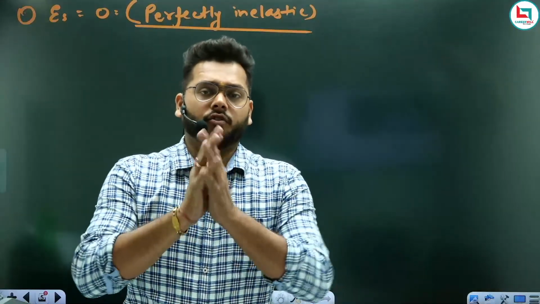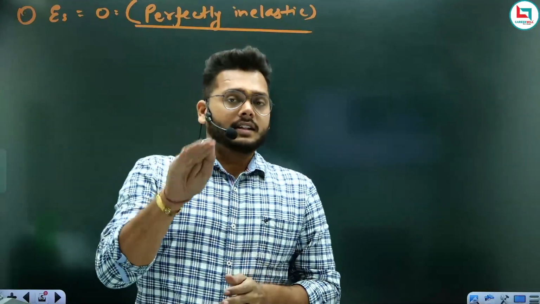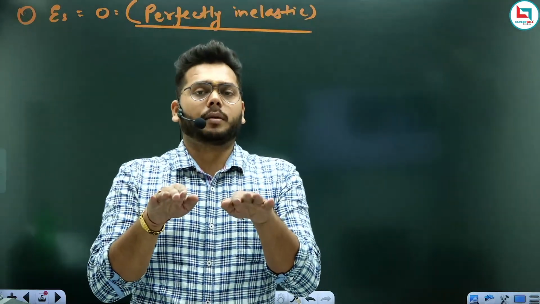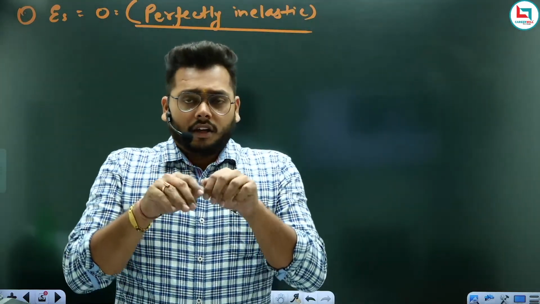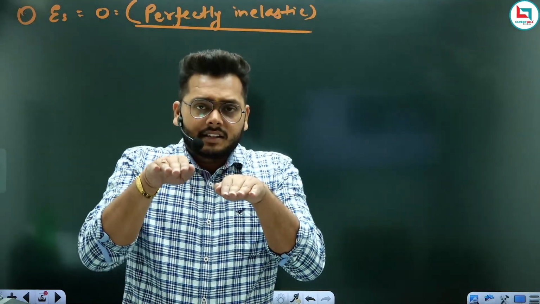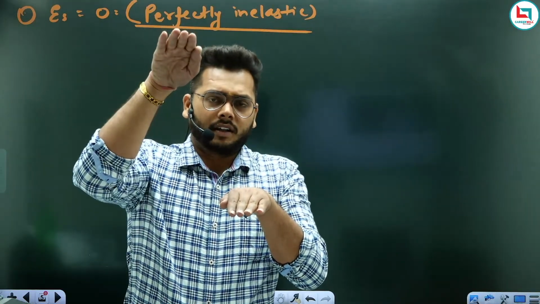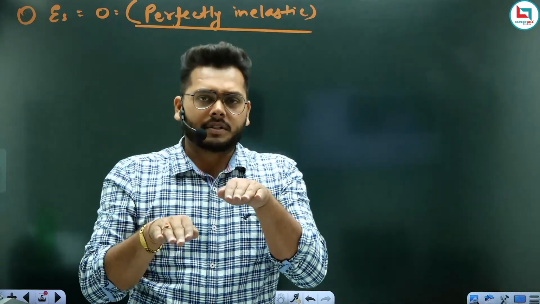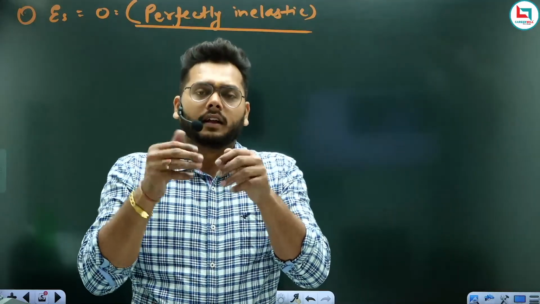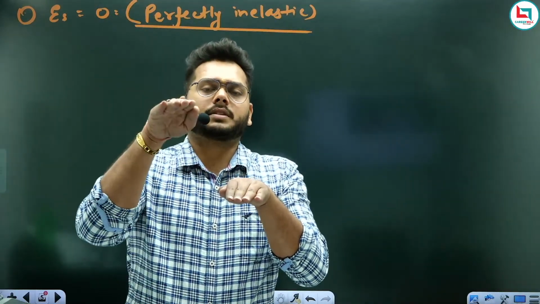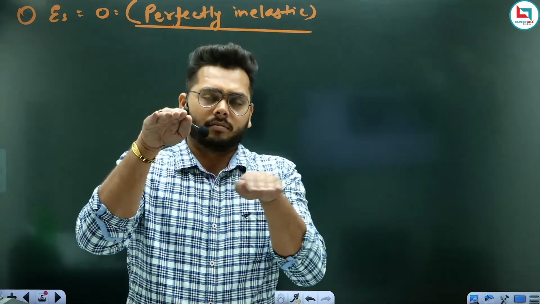Let me explain in a descriptive way. Let's say this is price and this is quantity supplied of any commodity. If the price increases 10%, 20%, 50%, or decreases 10%, 30%, 40%, quantity will be the same.